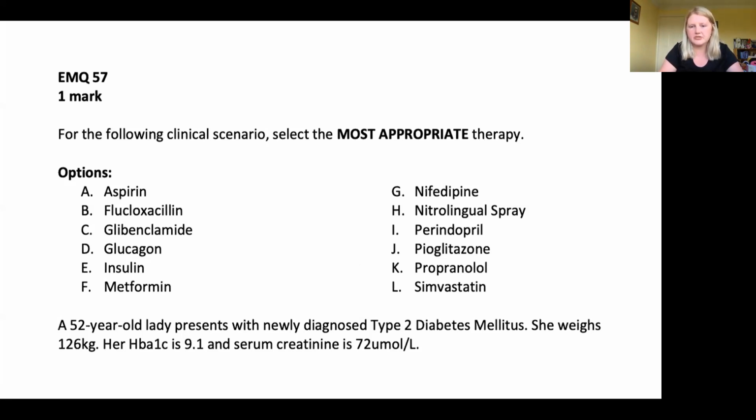The other answer that I received was pioglitazone, which we'll talk about in a little bit more detail further down the track. But this is generally an agent that isn't used very often anymore. Pioglitazone and rosiglitazone have gone out of favour because they have been associated in some patients with worsening heart failure. So they're quite unfavoured in terms of management of diabetes.